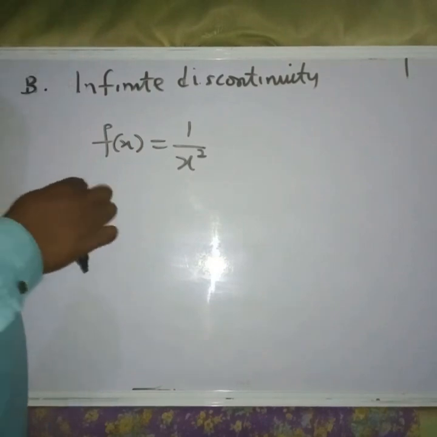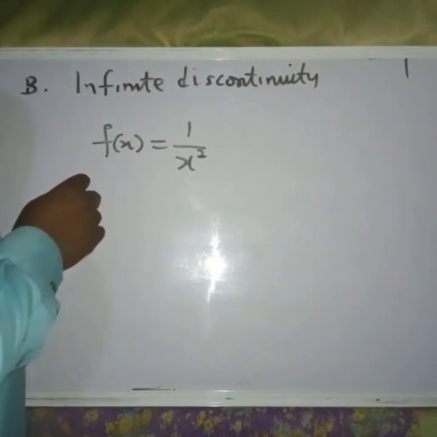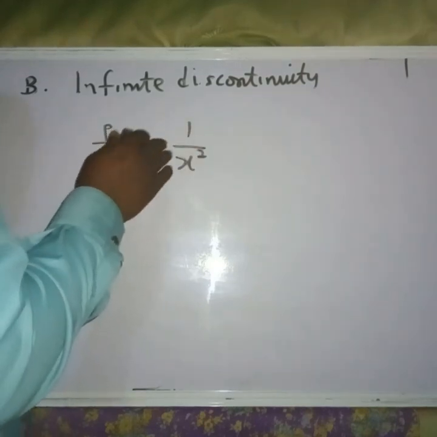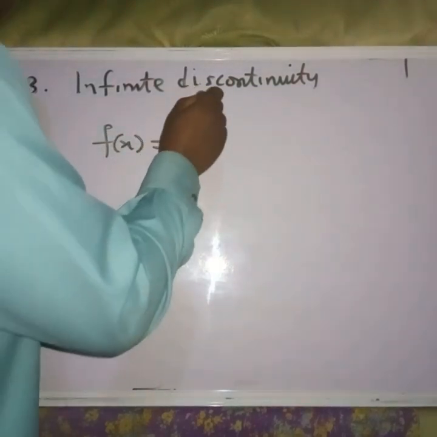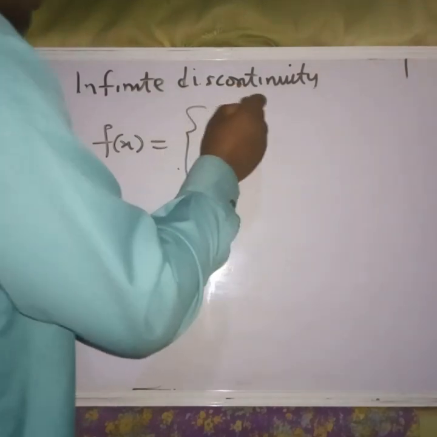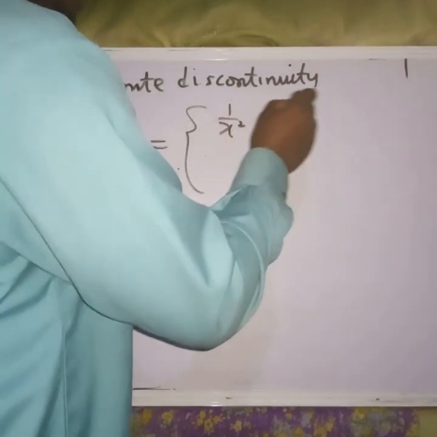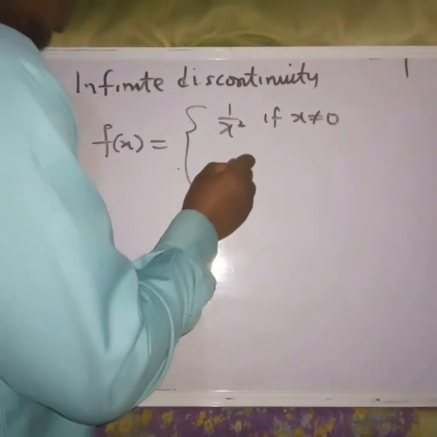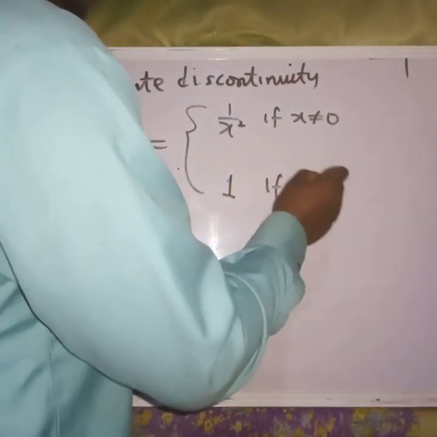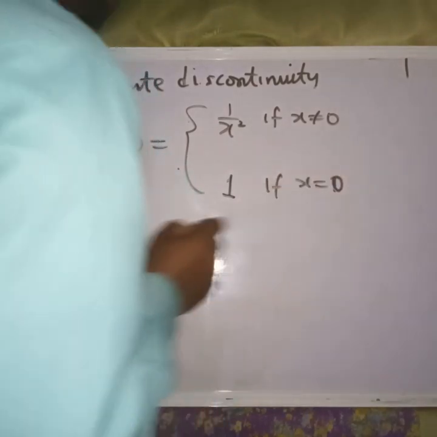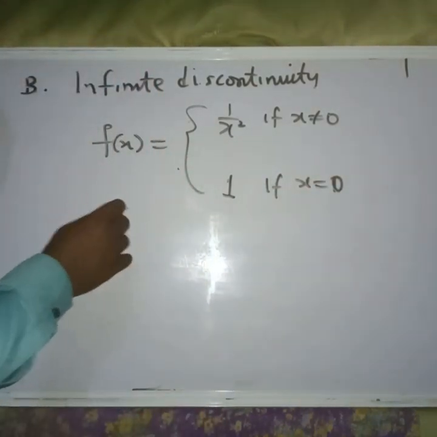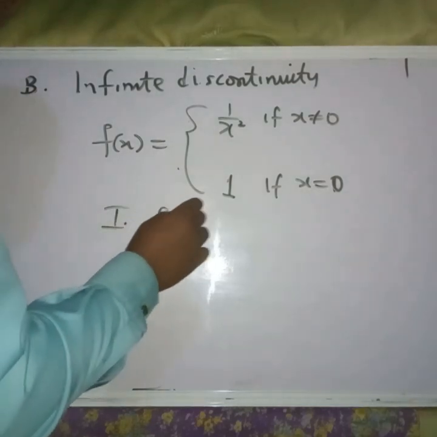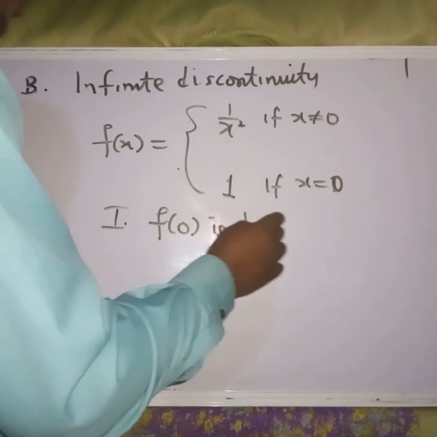At x equal to 0, let's define this function in two forms: if x is not 0, it is 1 over x squared, and if x is 0, it is 1. Here again, by definition of continuity, f of 0 is defined.